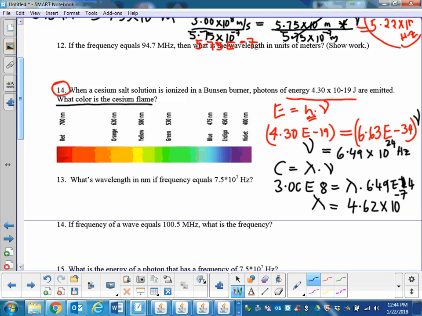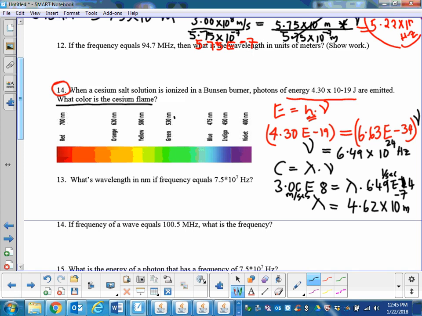What are the units of wavelength if I'm using the equation? Meters or nanometers? This was meters per second, and this was per second. So I get wavelength in meters. But look at my standard values.